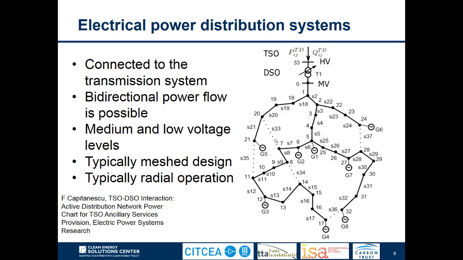And typically, the operation of this network is radial, so there is no loop which is closed, in order to avoid multiple possible directions for the power flow. It is important to notice that this is different in the transmission network, where the system is meshed and also operated in a meshed way in order to improve the efficiency and the reliability of the system.